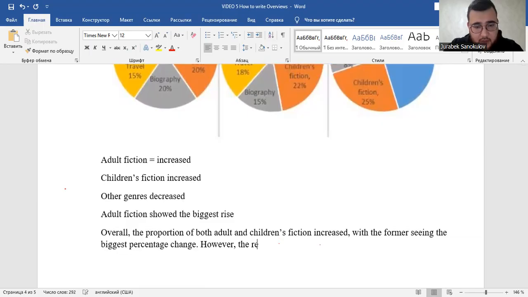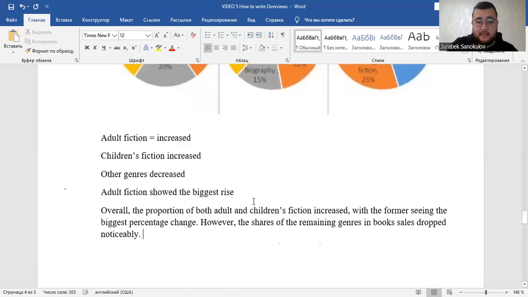However, the remaining genres. Now I'm just going to show you something. Let's just say the shares of the remaining genres in book sales dropped noticeably.